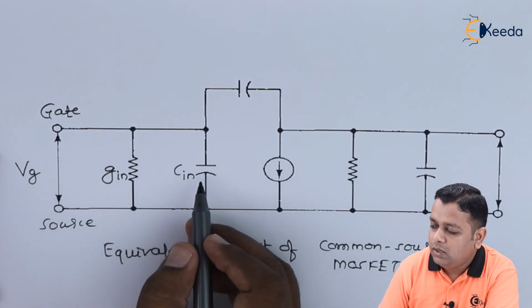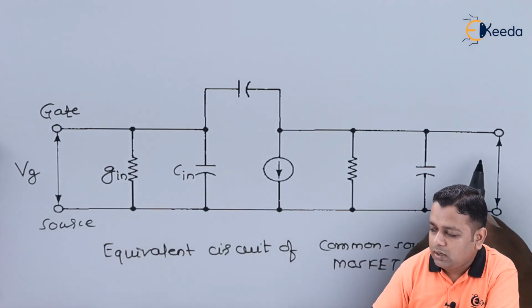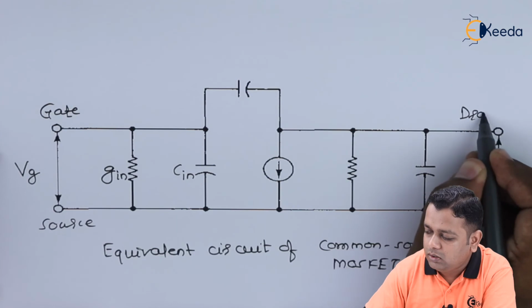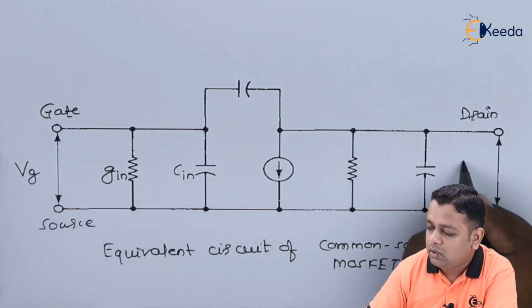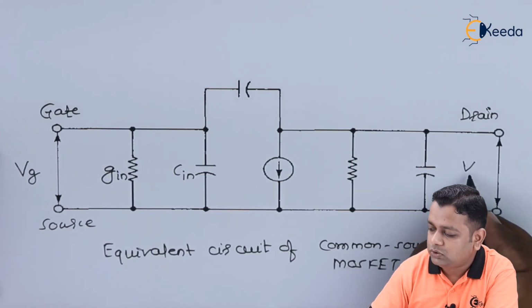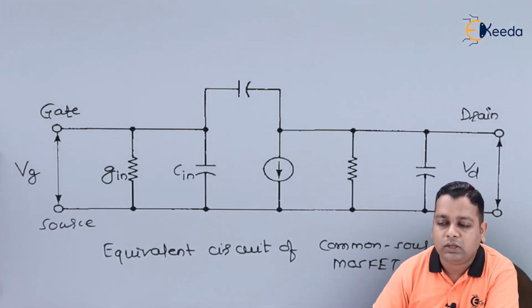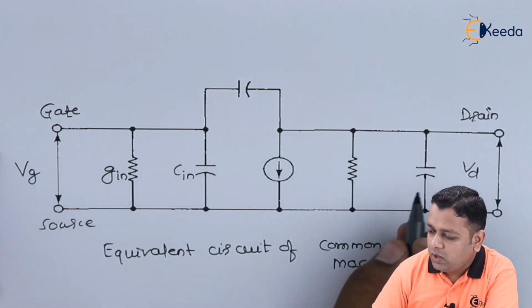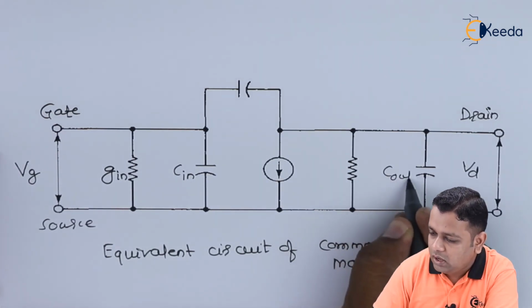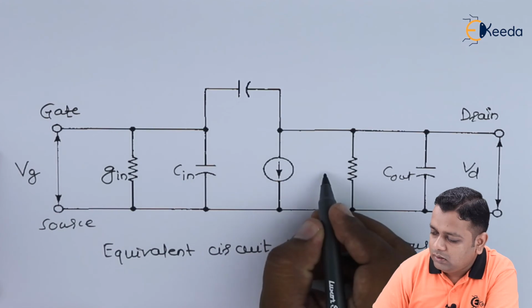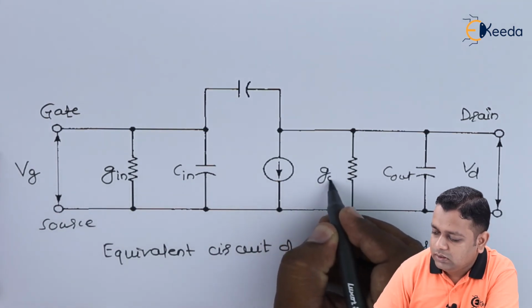Next to that, we go on to the latter end where we have the drain terminal represented simply by capital D also. The drain voltage with respect to the source common, we have the representation VD. So as this is the output part, we can represent the capacitance C out and the conductance here G out.